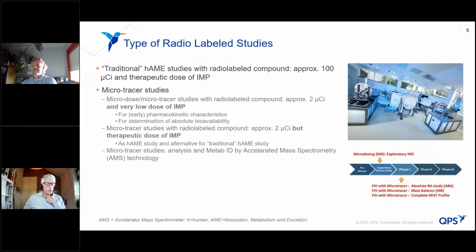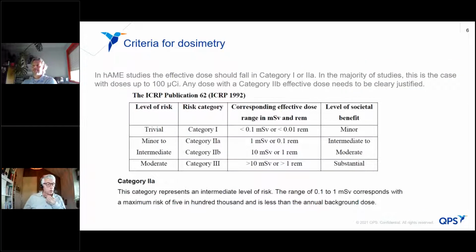You can give radioactivity to healthy volunteers, but you need to assess what the risk is for a human when they get radioactivity. This is called dosimetry. So a certain amount of radioactivity represents a risk to an individual, which is calculated in millisieverts or rem.